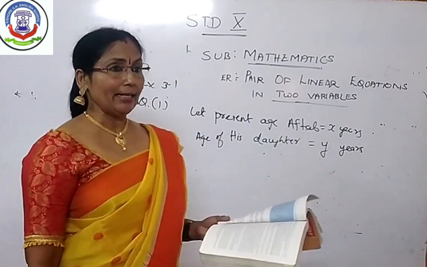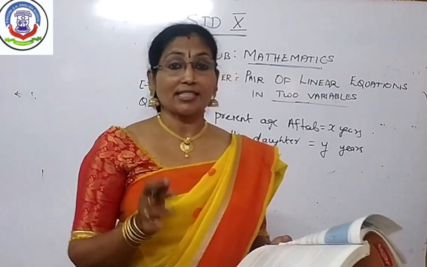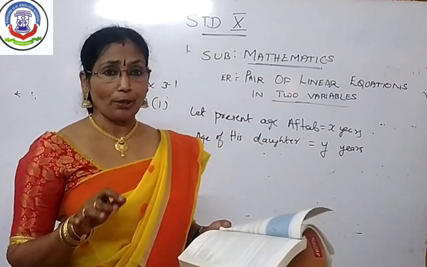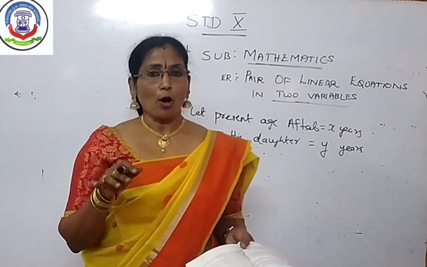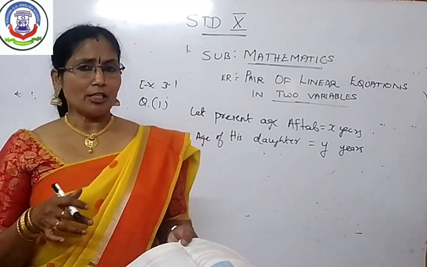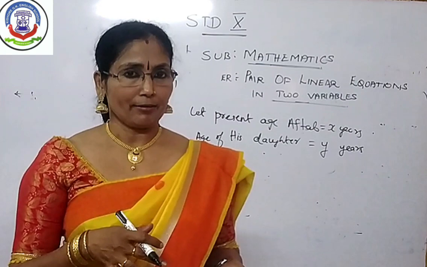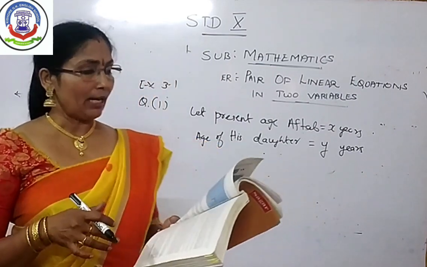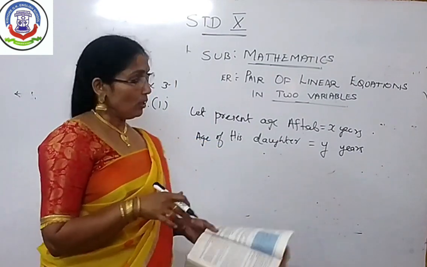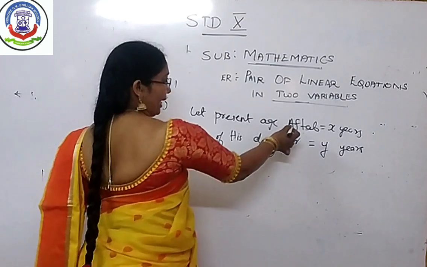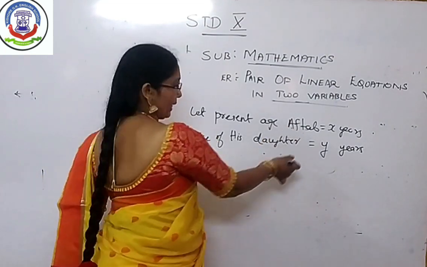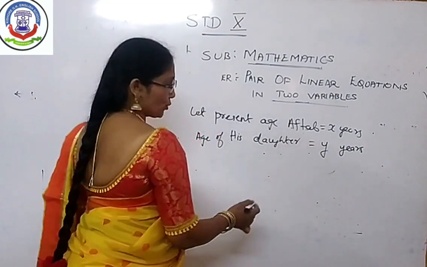Now what he is telling is that Aftab tells his daughter 7 years ago. You might know that if your age is now 15, 5 years ago, what was your age? It was 10. Is it right? Here also it is telling 7 years ago. 7 years ago means the age of Aftab will also have changed, and the daughter's age will also have changed.